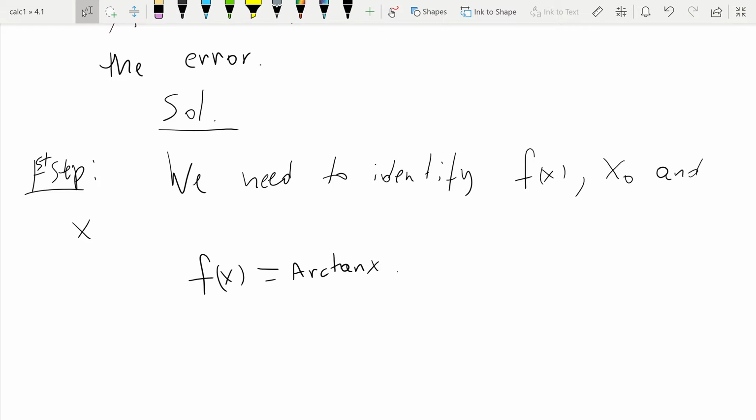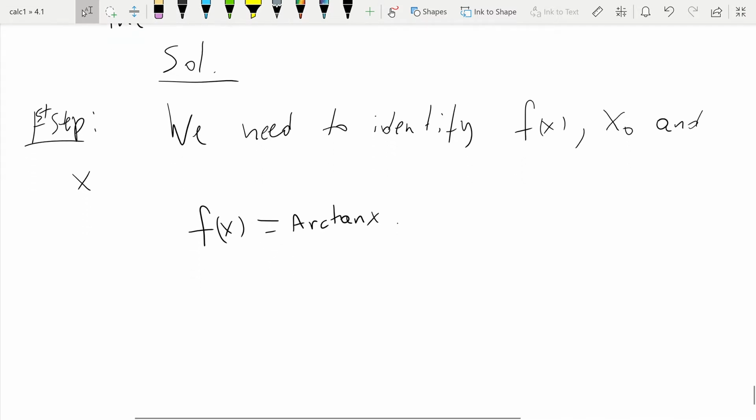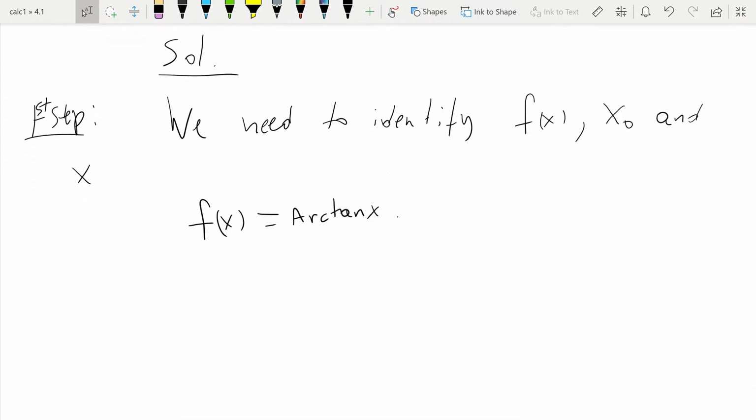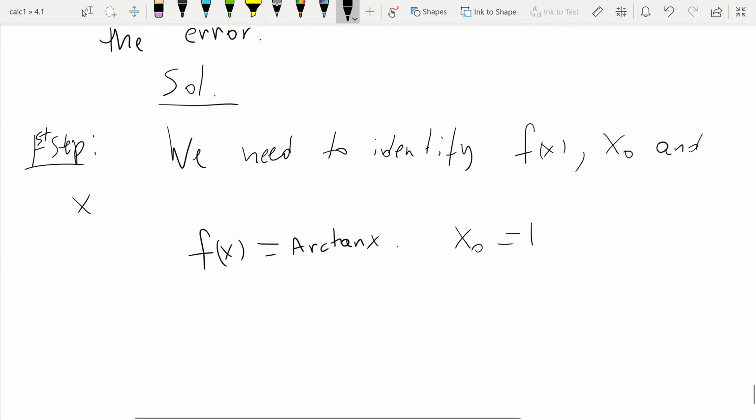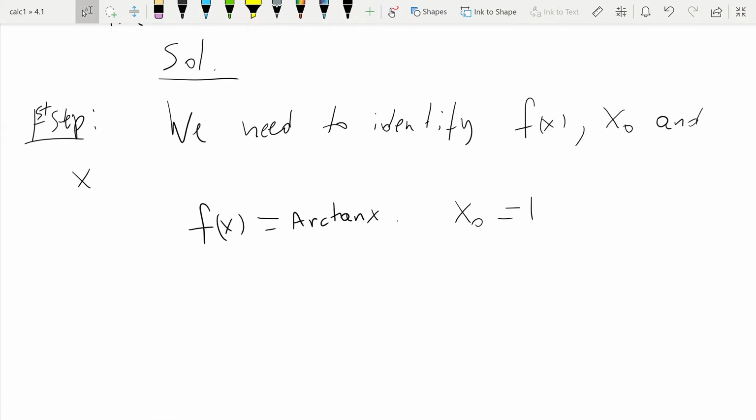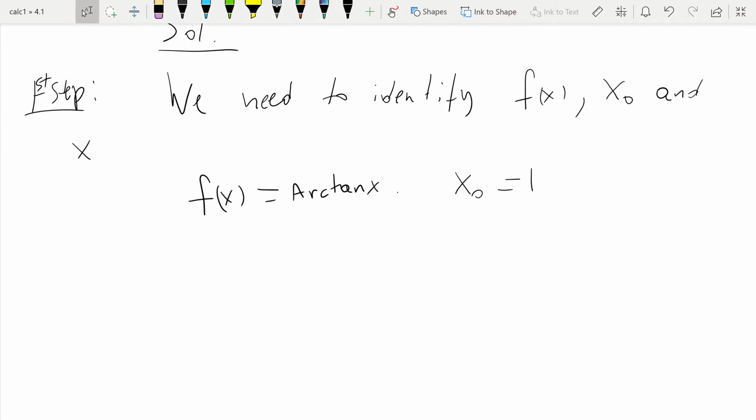So the tan of pi over 4 is 1. So x naught is going to be 1, because at that point we can find the main branch of arctan.